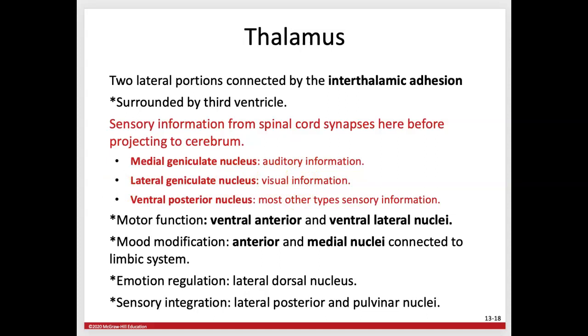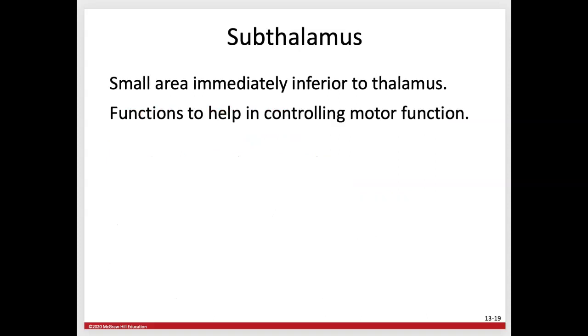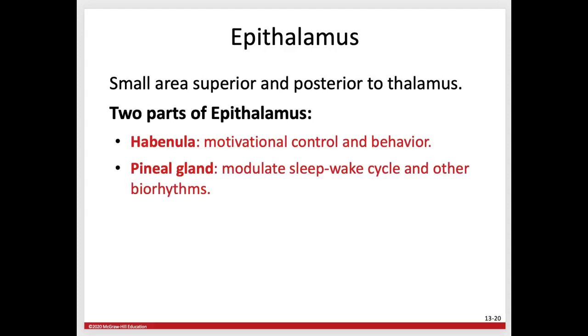The subthalamus is the small area immediately inferior to the thalamus. You're not going to have to identify where the subthalamus is, but it helps to control motor function. So there's various parts of the brain that help to control motor function, and the subthalamus is one of them.